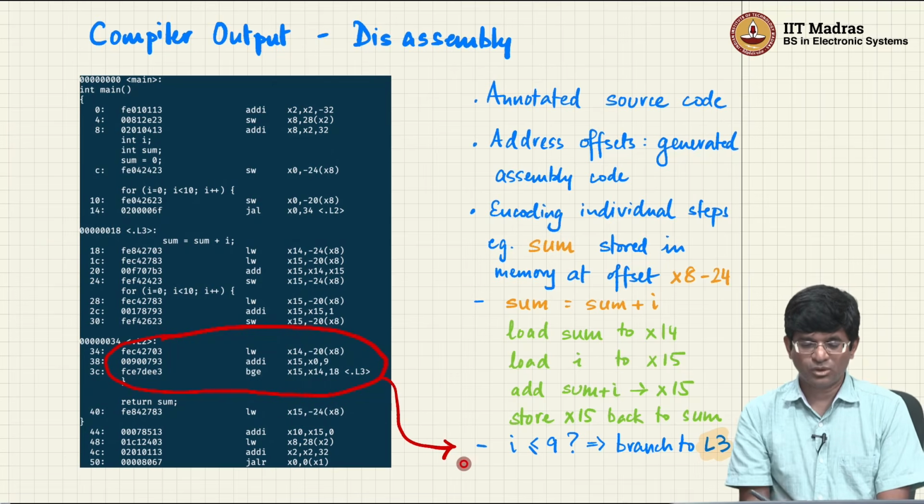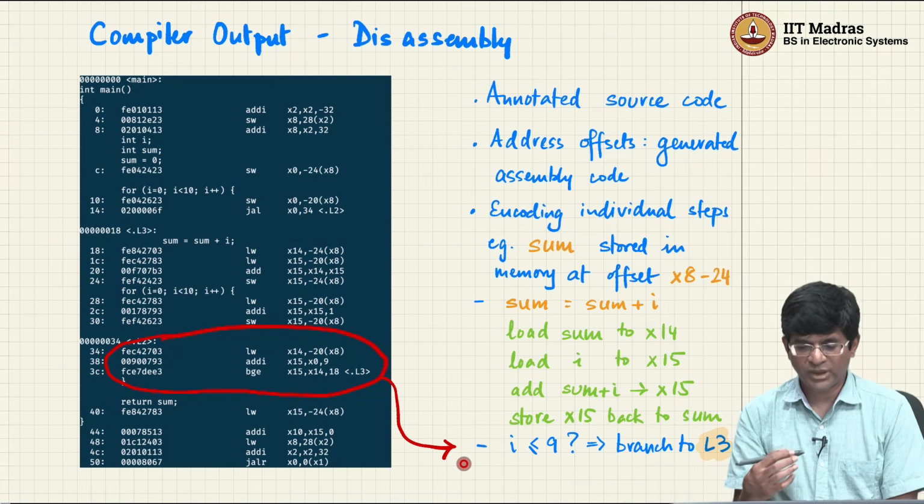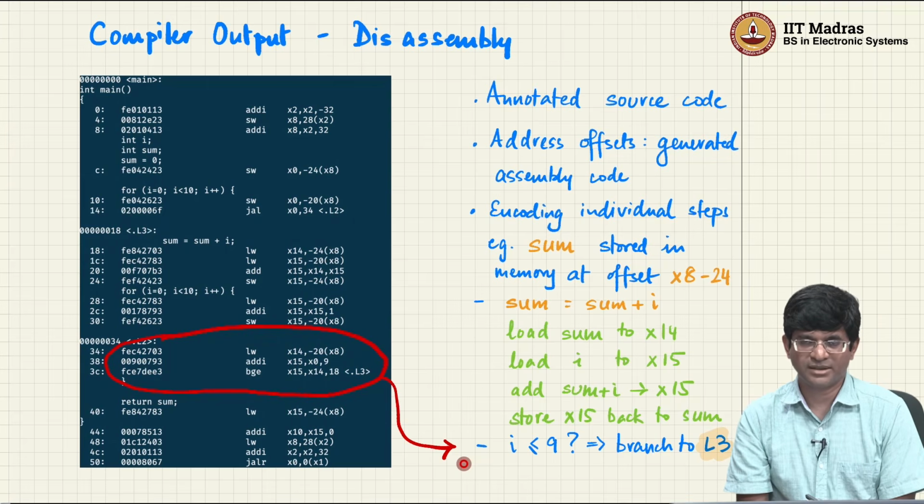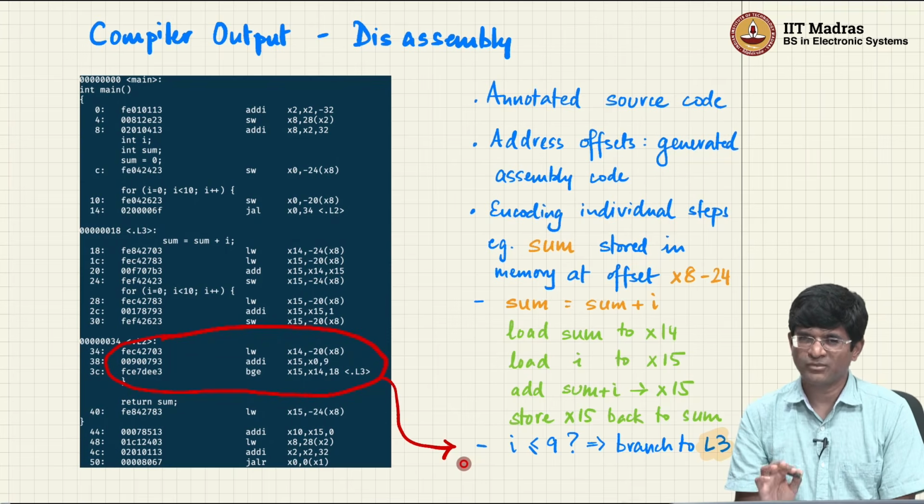So I would strongly encourage you, as we move forward, to not dismiss the idea of going and understanding a little bit about what the assembly code looks like. For those of you who are primarily going to be programming at high levels, let's say Python and similar languages, you don't need to know too much of this. Having said that, it helps because it tells you what your processor is actually capable of.